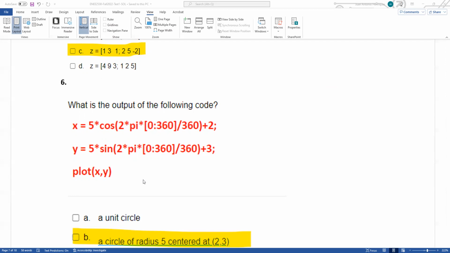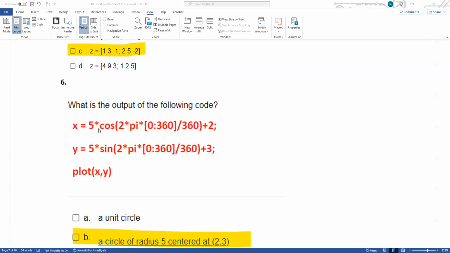So you get a rectangular coordinate xy that determines the point in the circle. So x represents the x component and y represents the y component.